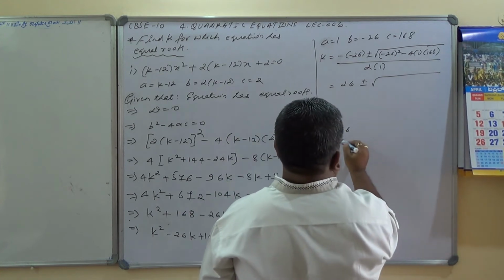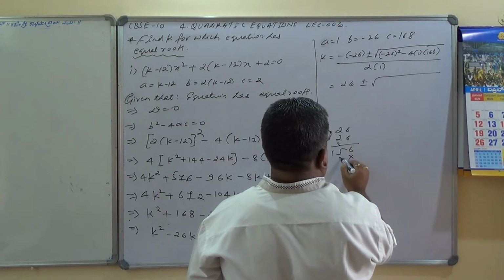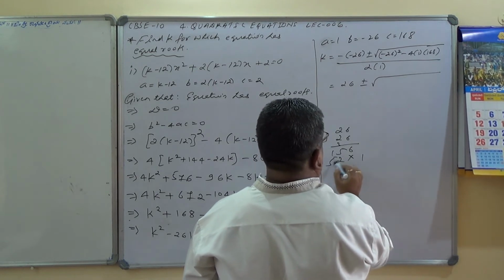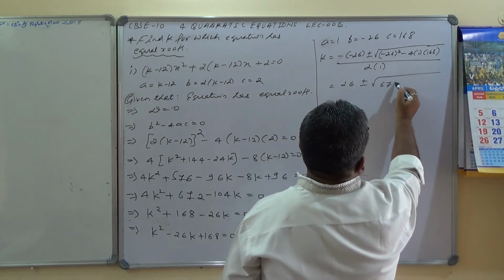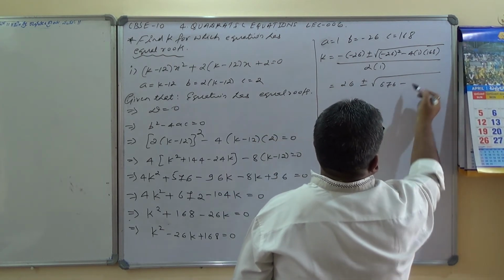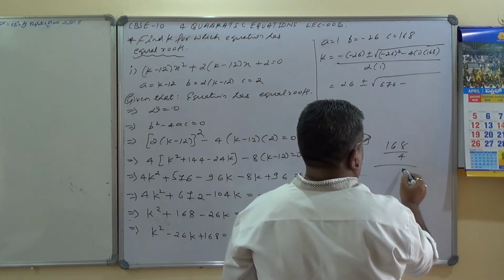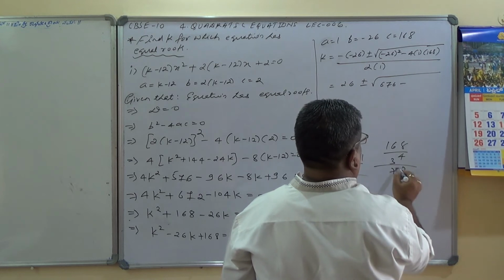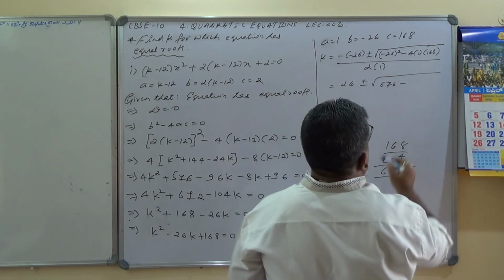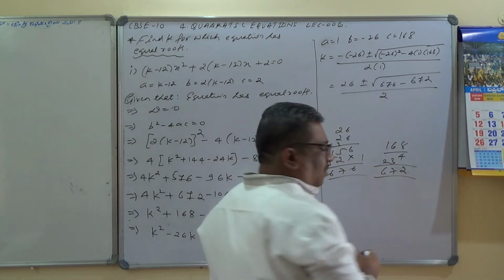How much is it? 676 minus 168 into 4, 672, the whole divided by 2.